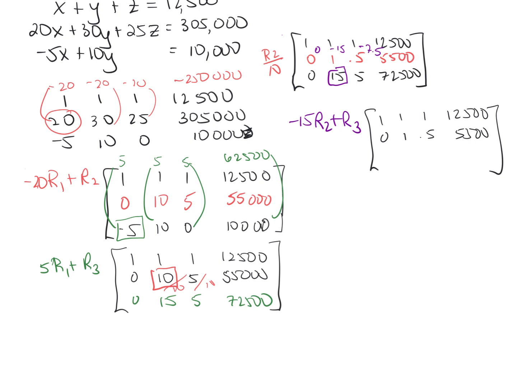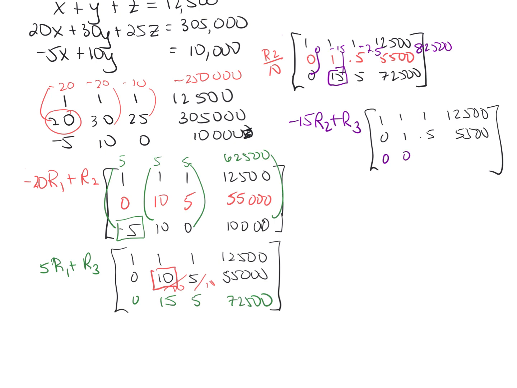And then 5,500 times negative 15 is negative 82,500. I'm going to add those amounts down. 0, 0.